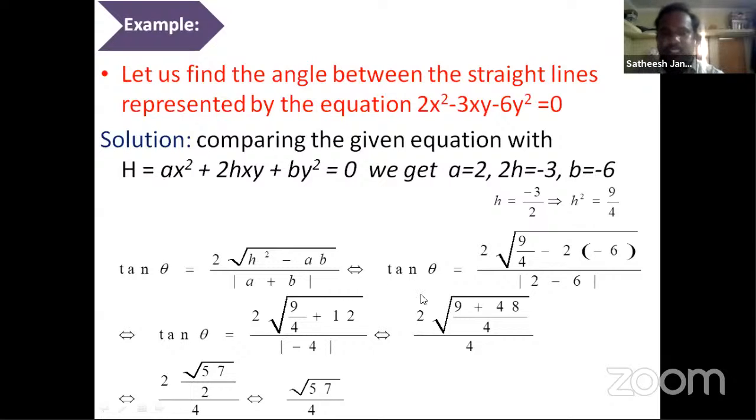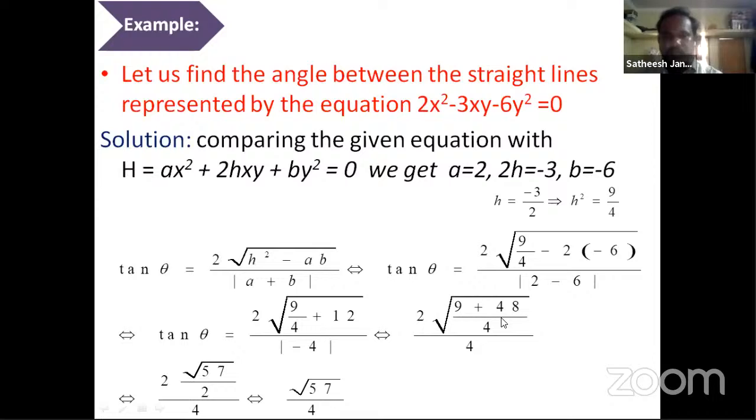Here the h square value is 9 by 4, minus a into b, where a is 2 and b is minus 6, by a plus b, that is 2 plus minus 6.